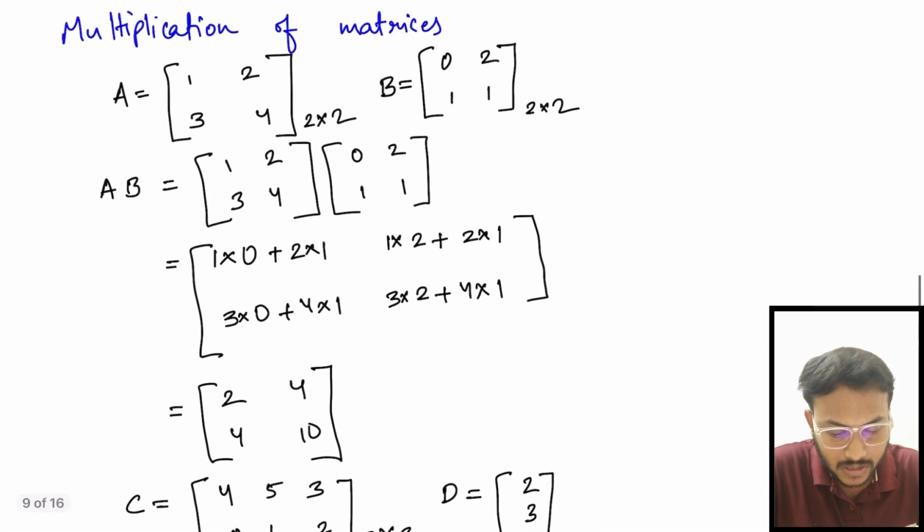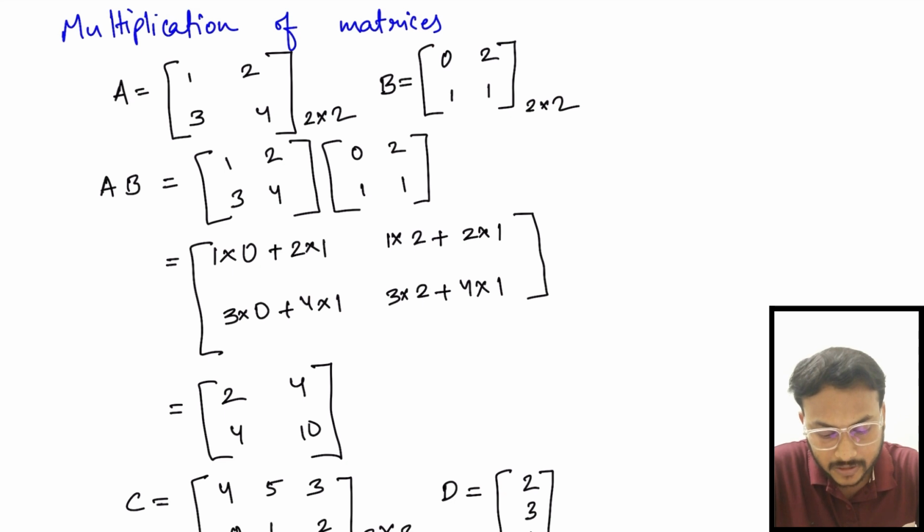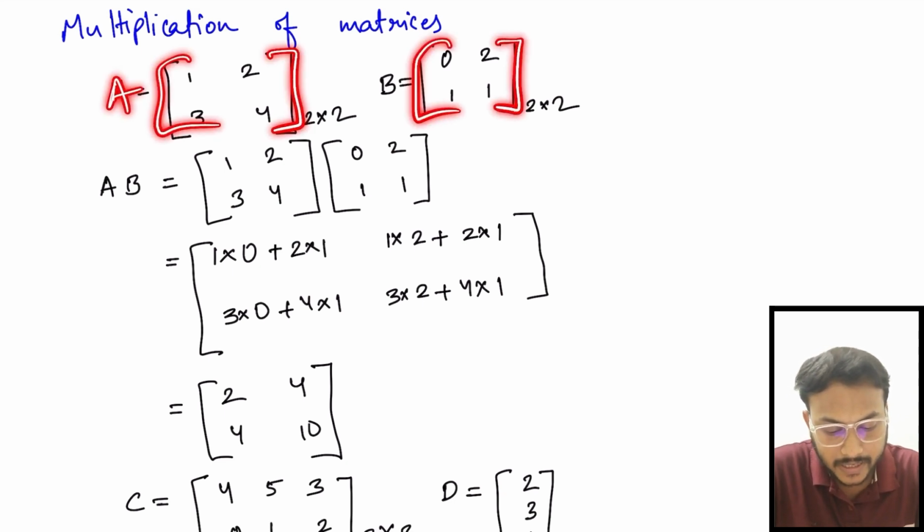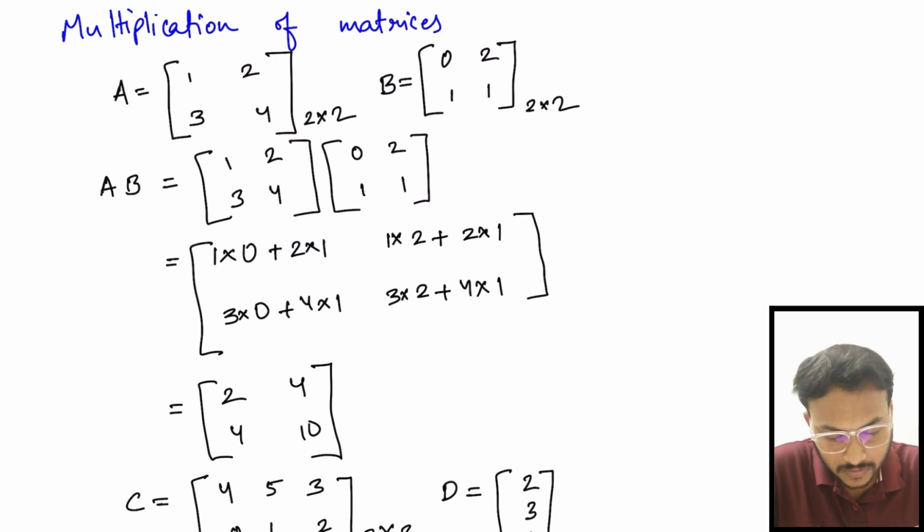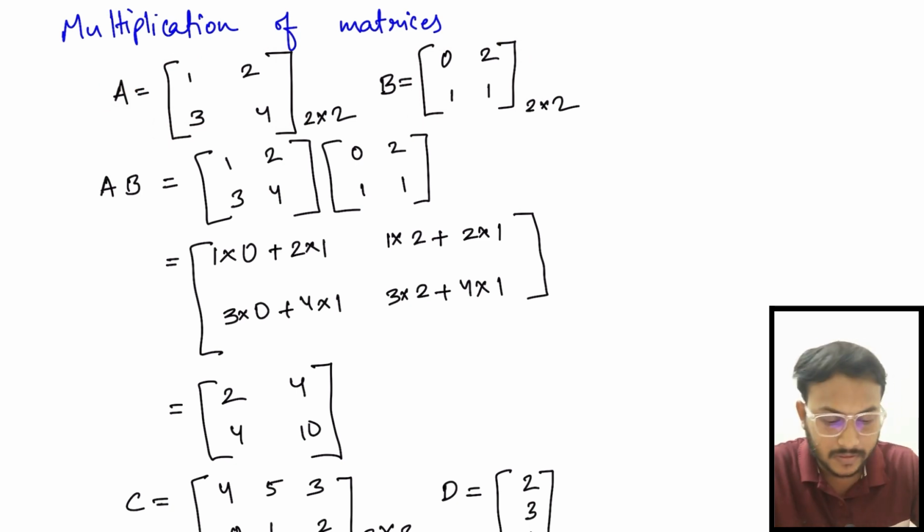So we will explain the rule in this example. This matrix A that I have taken in the first example, matrix A and matrix B. So what is the actual procedure to understand the rule for which matrix multiplication is possible? So those matrices which satisfy this rule, only those matrices can be multiplied.